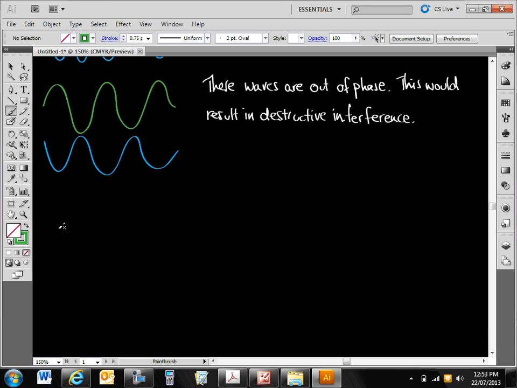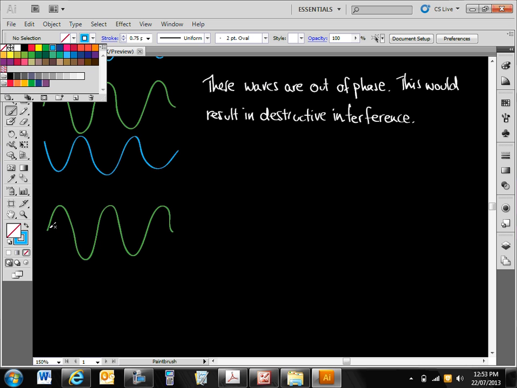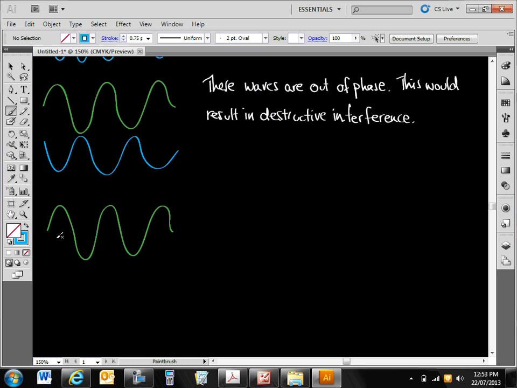Here's a different situation which we are going to look at in depth. Start with a wave. Put another wave. Superimpose the wave over the top, but shift it. Just slightly.